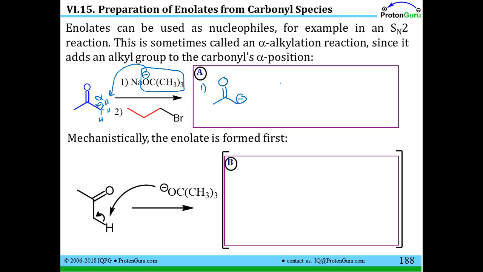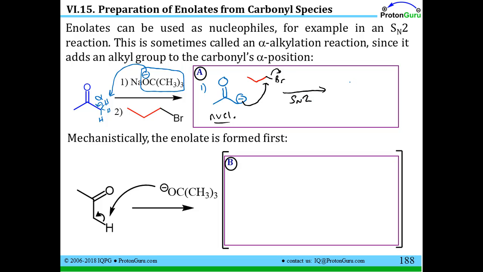Now step 2, we have this alkyl bromide. I'm going to draw that in here in box A. Well, what we've done in step 1 is taken the base and deprotonated a species to make what is now a nucleophile. So we have this nucleophile, and we have something with the leaving group. We're going to do an SN2 reaction.